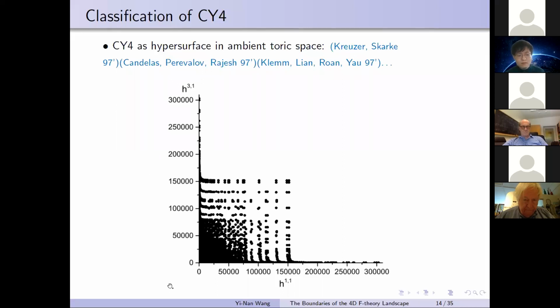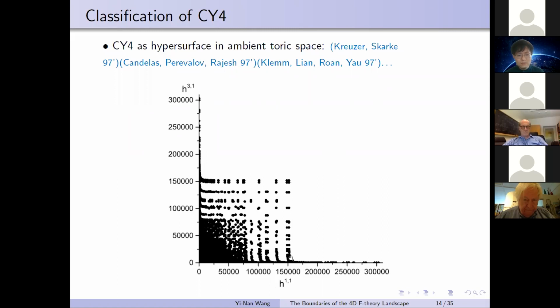So now there are a few remarkable things you can read out from this diagram. The first thing is that, as you can see, this picture has a reflection symmetry along its 45-degree axis. This is just because of mirror symmetry, which exchanges the Hodge numbers H11 with H31. This is expected. Another very important phenomenon is a so-called shield structure like this.